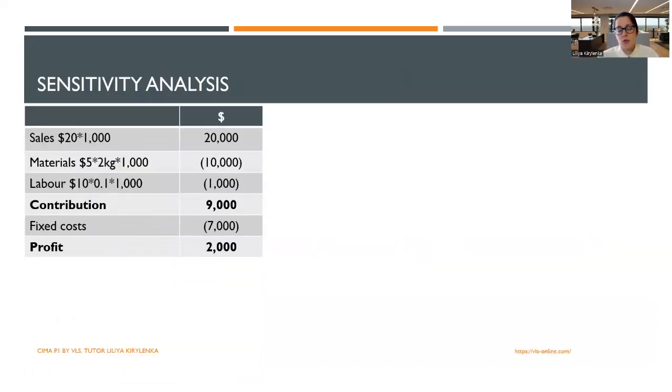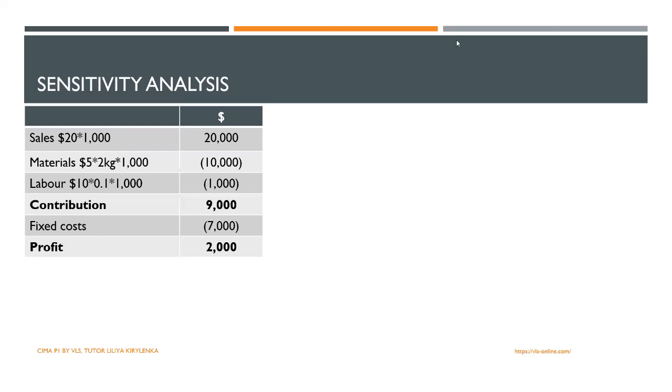We are going to make this short example first, and then we are going to discuss what this means in terms of definitions. So, our company is planning what it's going to do next year, and it is planning whether to go with some product or not.